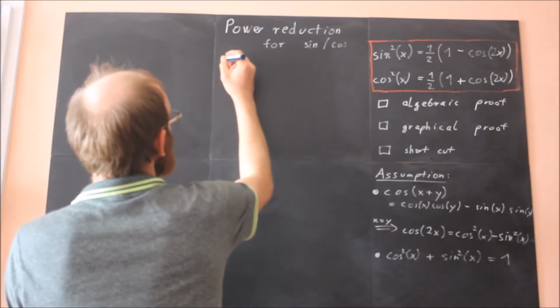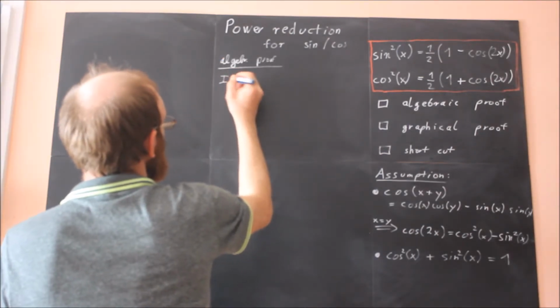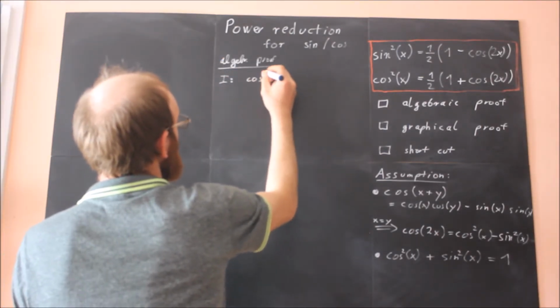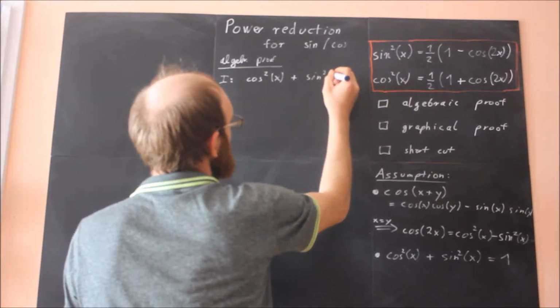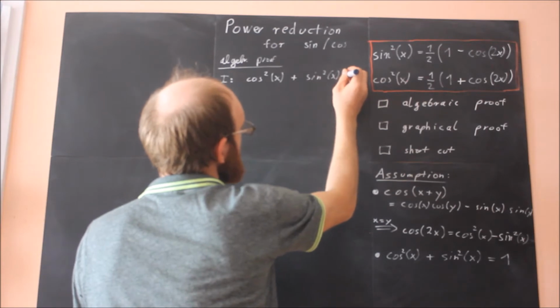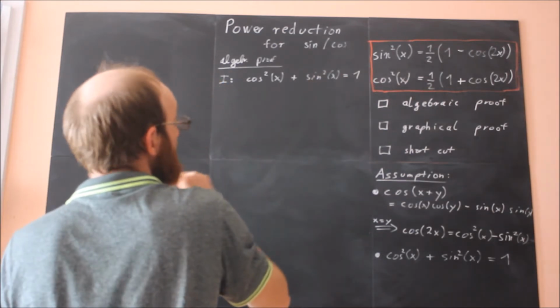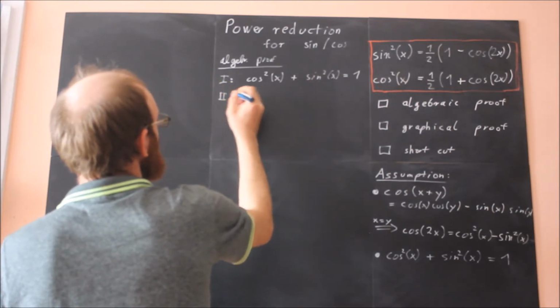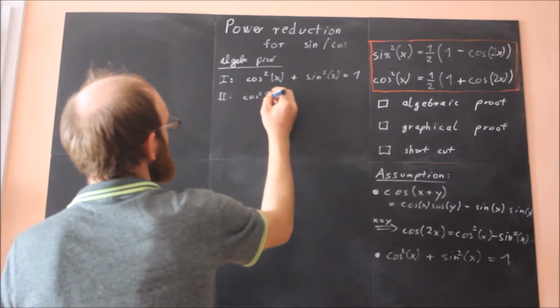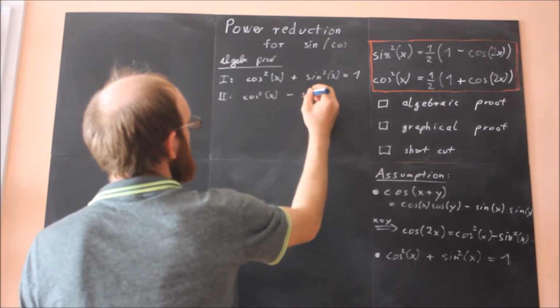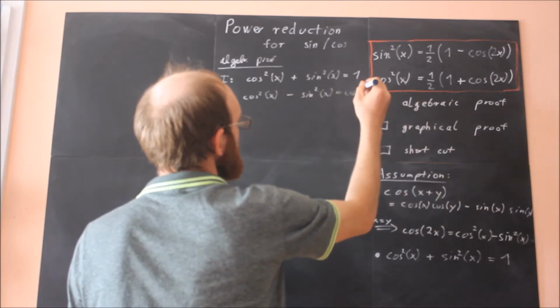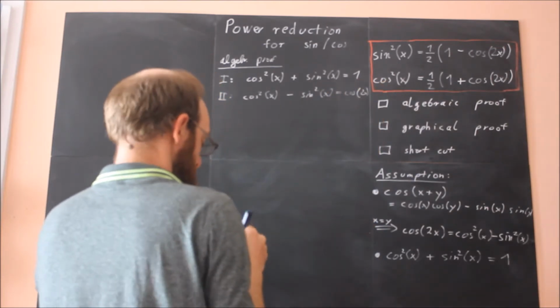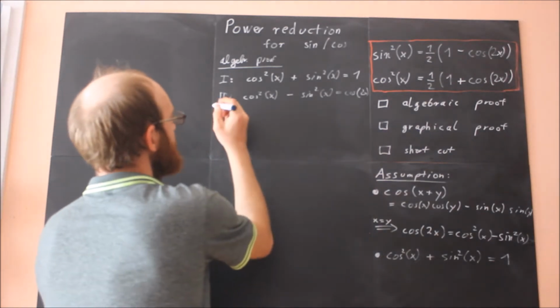So algebraic proof. The first equation, cosine squared of x plus sine squared of x equals 1. And the second equation is cosine squared of x minus sine squared of x is cosine of 2x. Now we play with these equations.